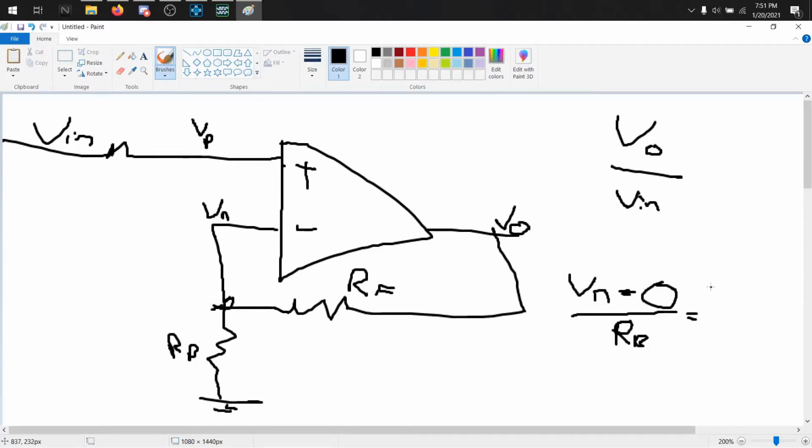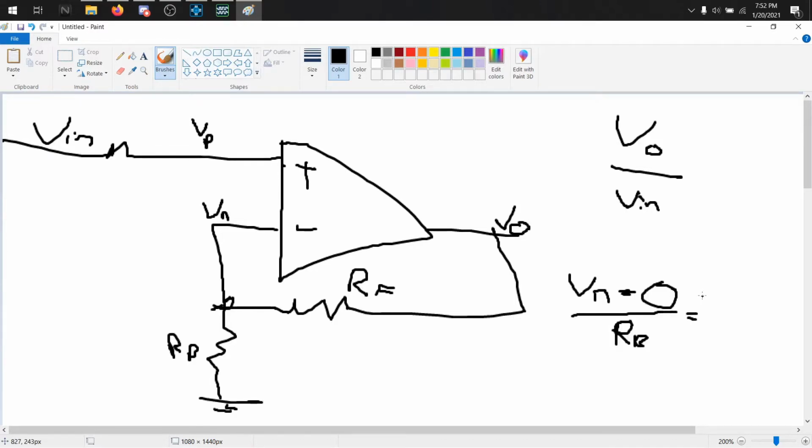So current is going into the node still, since the negative input's infinite impedance. So it'll be plus VO minus VN divided by RF equals 0.